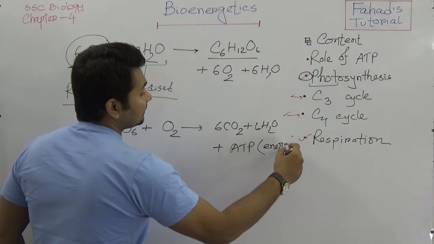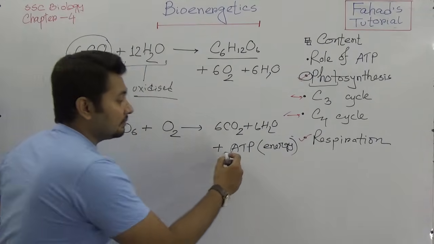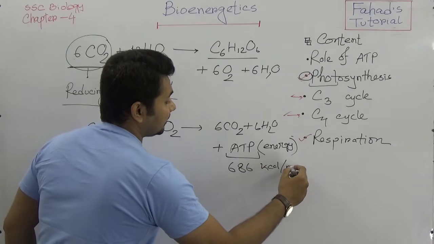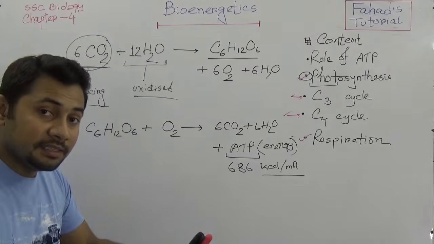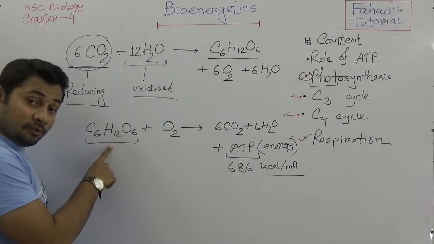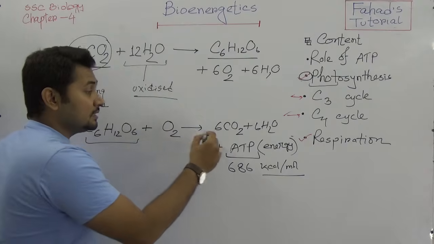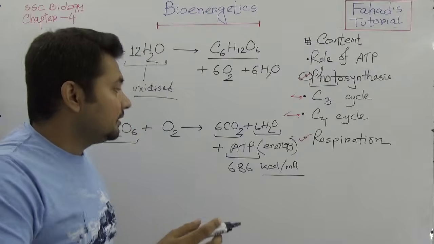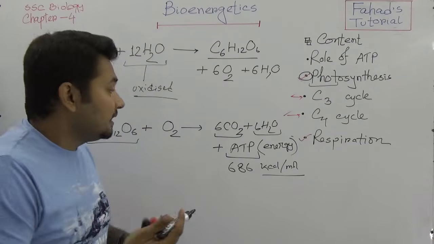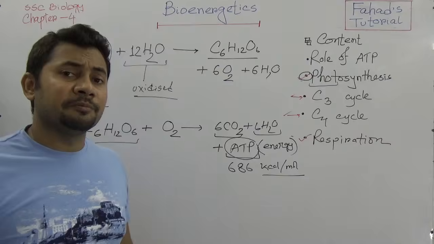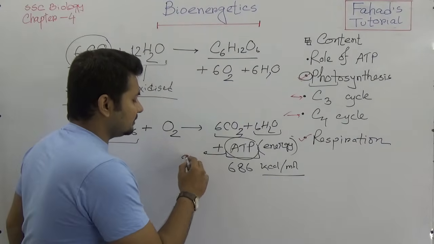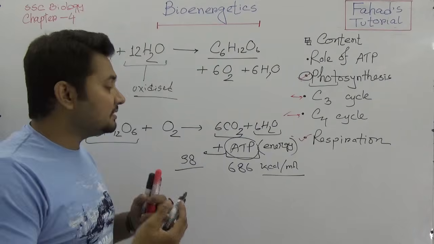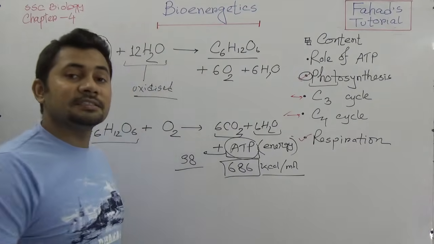This is the thing that we need in our body, and it's actually 686 kilocalorie per mole of energy. So when one molecule of glucose is oxidized, 6 molecules of carbon dioxide and 6 molecules of water will be produced, along with energy. A net amount of 38 ATP is produced, and this 38 ATP is equivalent to 686 kilocalorie per mole.